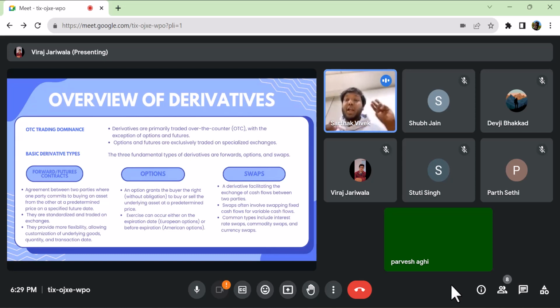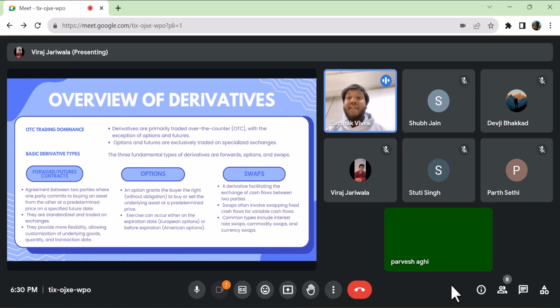Now, there are three basic derivative types: forward and future contracts, options, and swaps. Forward and future contracts are basically agreements between two parties where one party commits to buy an asset from the other at a predetermined cost. As in, we can set and fix the prices on a predetermined basis. Then we have standardized and traded exchanges.